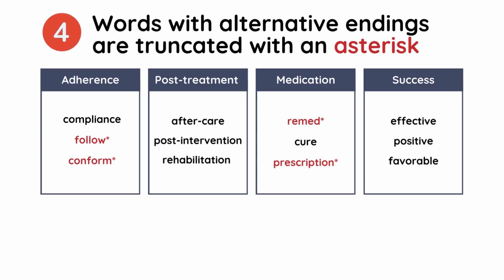These terms can further be edited to optimize their use, and various techniques are used to broaden or narrow the search. First, words with alternative endings are truncated with an asterisk. For instance, instead of typing follow and following in the same search query, follow with an asterisk at the end can simply be used.